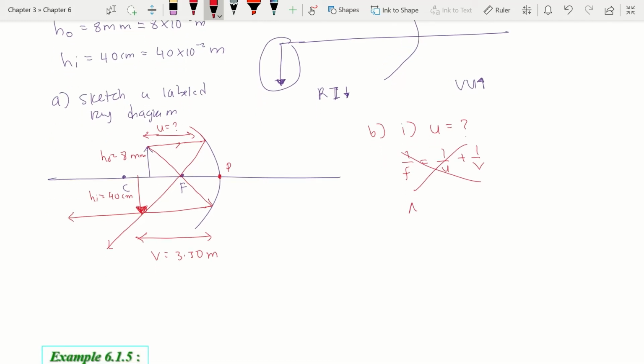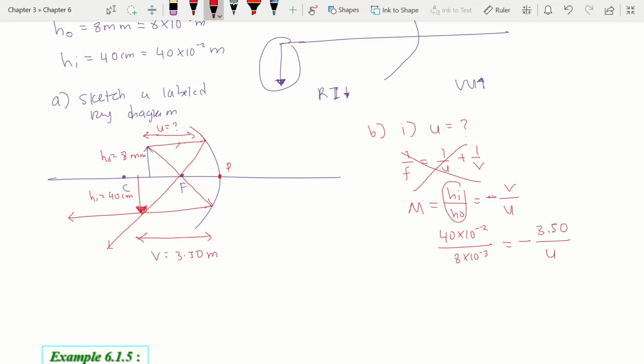But we can use this formula: magnification equals height of image over height of object, equals negative image distance over object distance, because we know our height of image and height of object. Our height of image is 40 times 10 to the power of negative 2 meter, our height of object is 8 times 10 to the power of negative 3 meter, and our image distance is 3.5 meter.